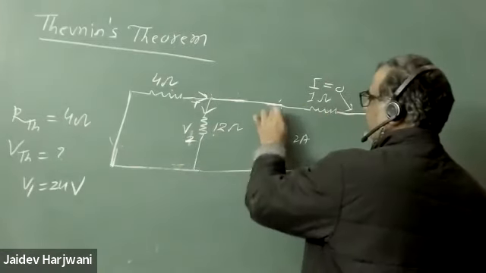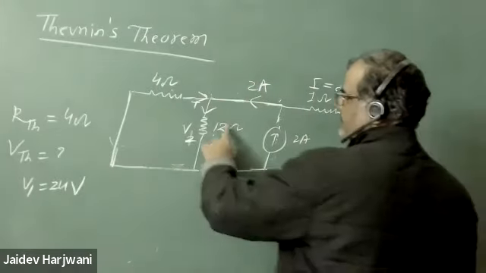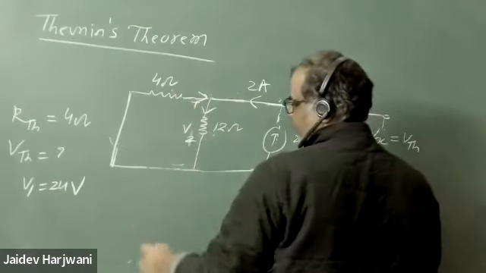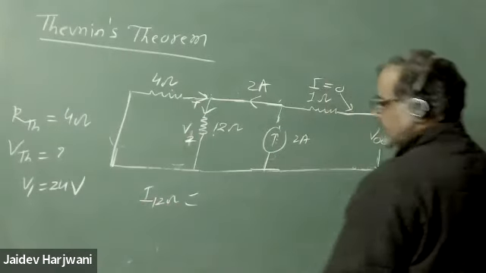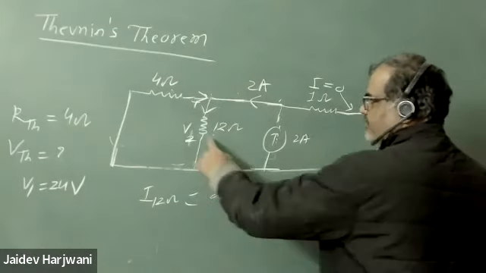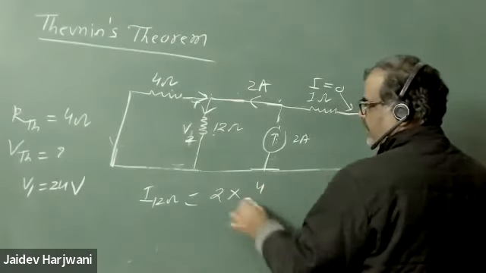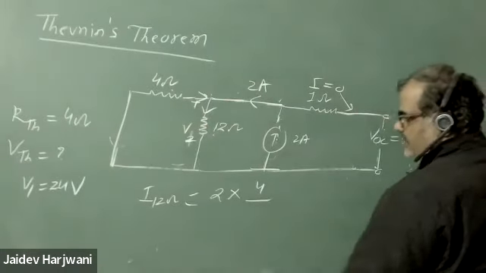Now all 2 ampere current is going here, and there will be current division. If I want the current in the 12 ohm resistance, the total current is 2 ampere, the resistance of the opposite branch is 4, and the total resistance is 16.